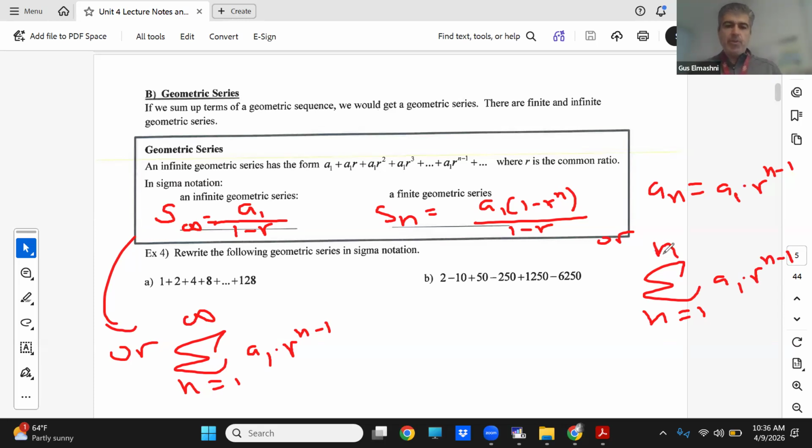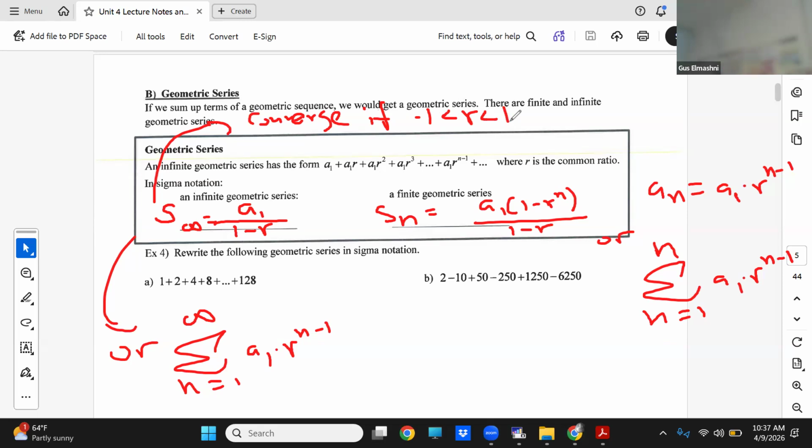And now for an infinite geometric series, it will converge if R is between -1 and 1. Because if you think about it, infinite means it goes on forever, right?